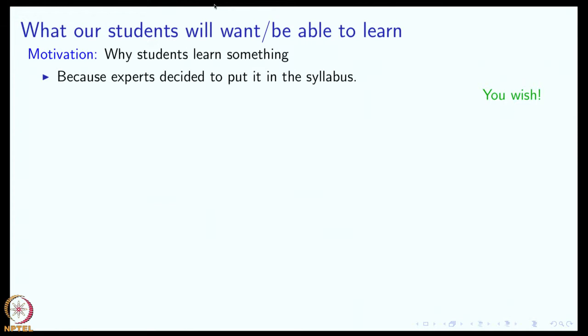You wish that were true, but unfortunately things are a lot more complicated. Just because you think somebody must learn something doesn't mean they will learn it. Certainly it doesn't mean they will learn it well. So we had better think through this a lot more.